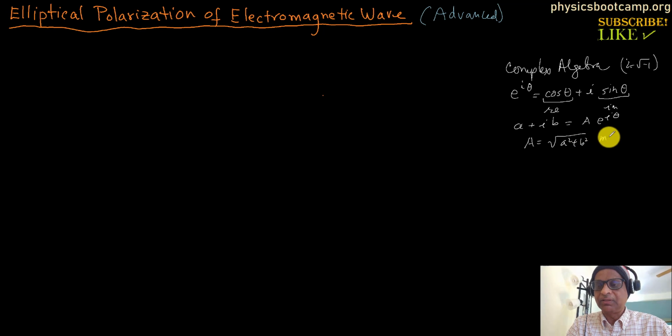This is called the amplitude, the magnitude, let's call it magnitude. And this theta, when you write in this form, is called the phase, and this number is some complex number, say z.